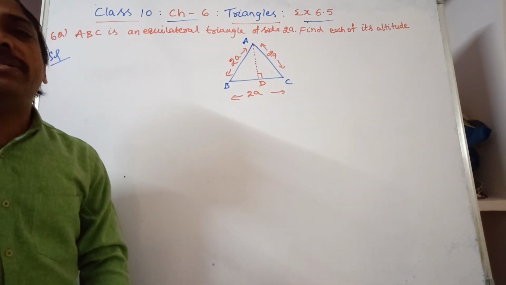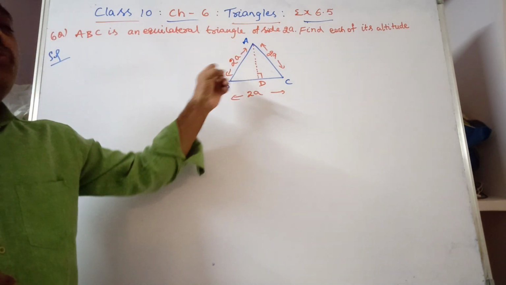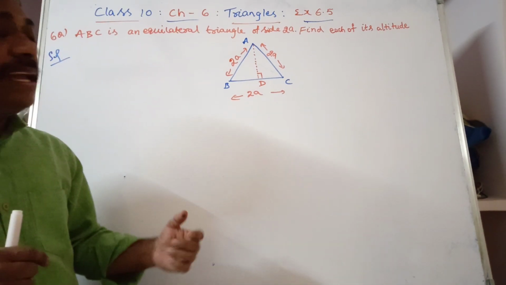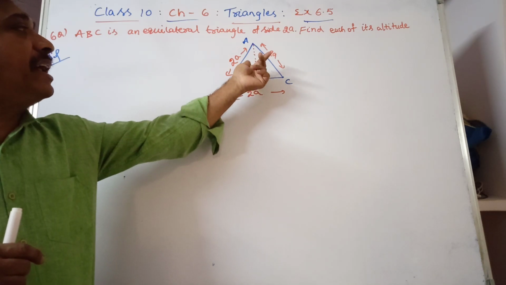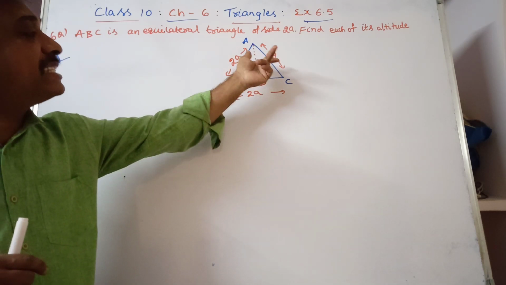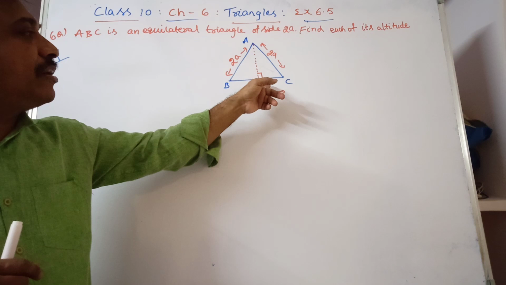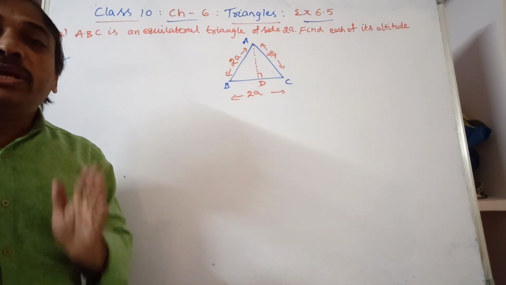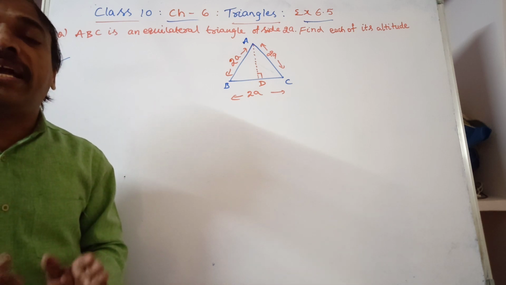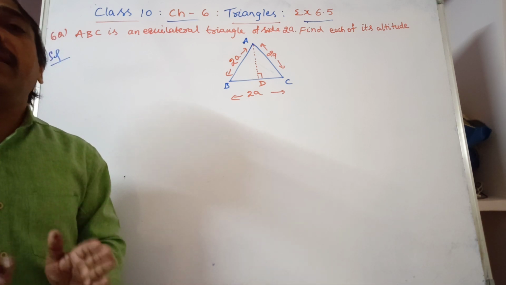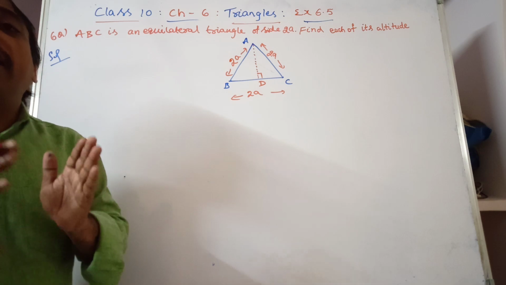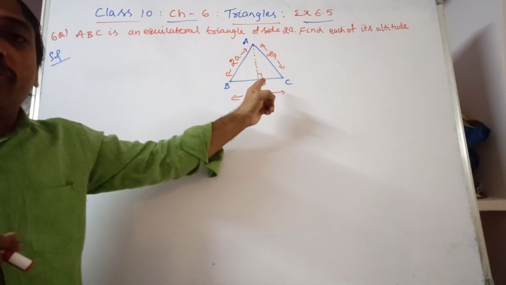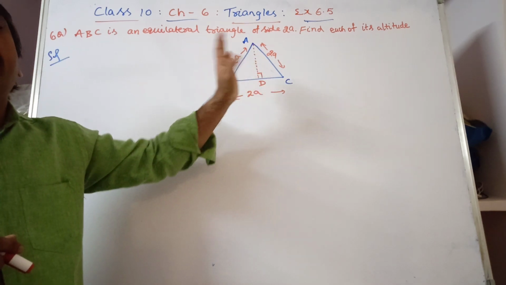This only happens in an equilateral triangle: altitude and median lie on the same line. Or you can use the RHS criterion to prove these two triangles are congruent, and once they are congruent you get D is the midpoint of BC. But we know the property, so AD is a perpendicular bisector.